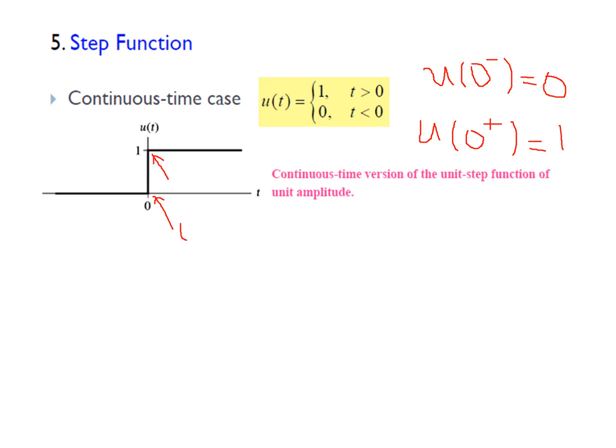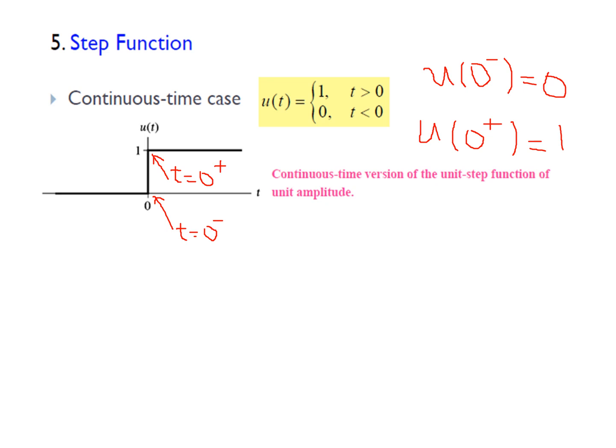This is t equal to 0 minus, this is t equal to 0 plus. Sometimes this will help us in some signal analysis because the signal is changing too fast. At t equal to 0, it is changing from 0 to 1. Therefore, this way also you can look at the signal.